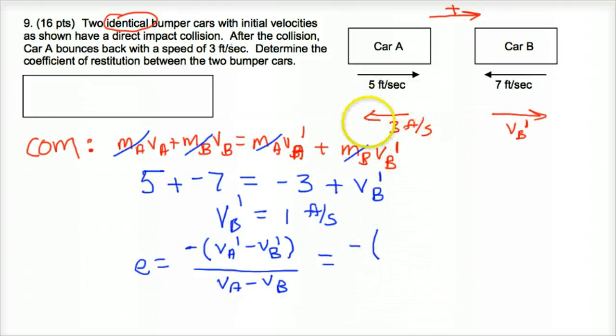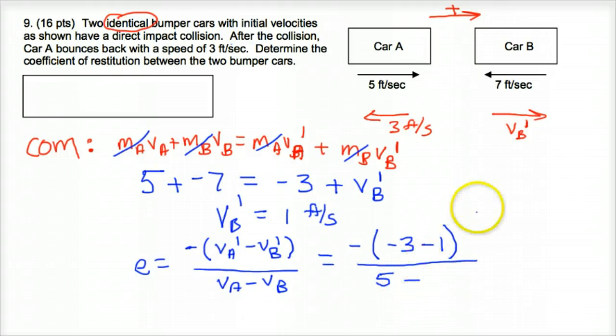Okay, VA prime is a minus 3. VB prime, we said, was a positive 1, so it's minus 1 here. Okay. VA was 5, and it's going to be minus a minus 7. So lots of negative signs.